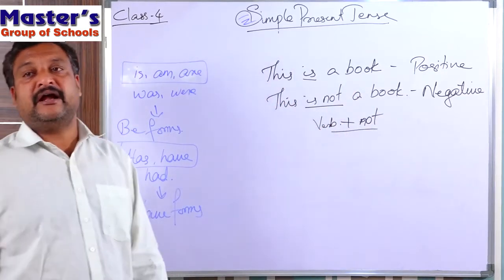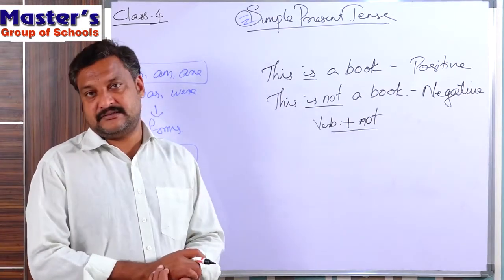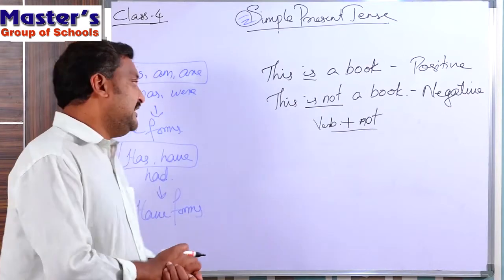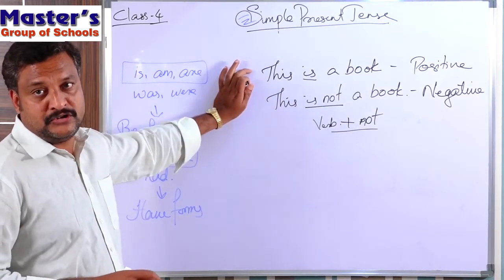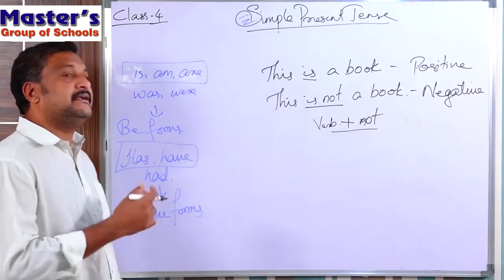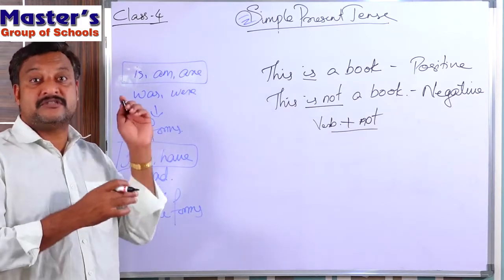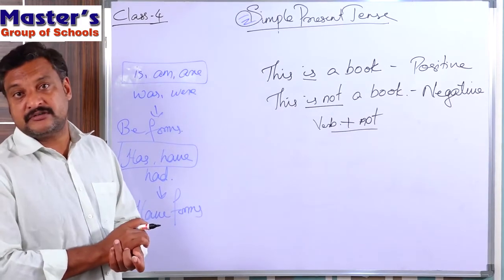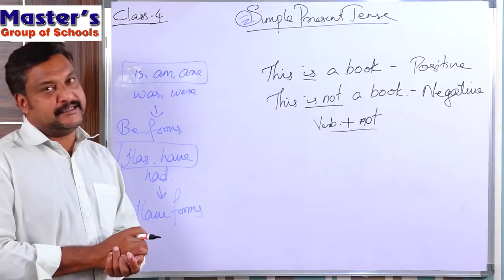So when we add not to the verb, then we get the negative sentence. The same way we can add not to the be forms also. So we can frame the negative of simple present tense. Even though we use do forms or have forms, we can add not to that and make their negatives.